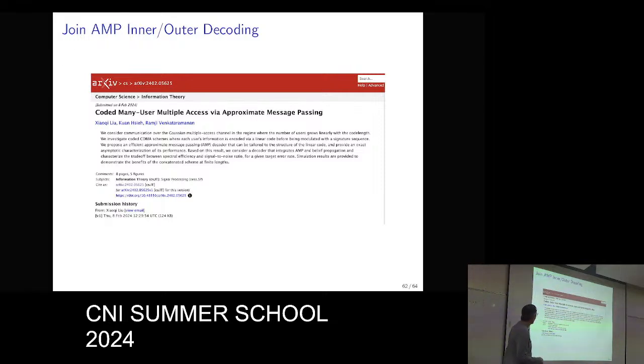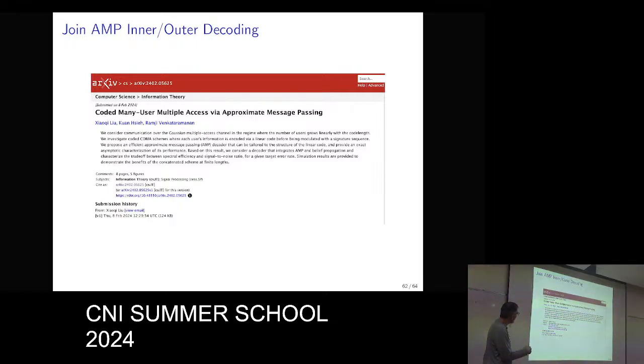Two notes. There's an interesting paper from Ramji Venkataramanan, who has been very inspirational to some of our work, and who is one of the co-authors of the paper that showed that AMP on Spark can reach capacity.